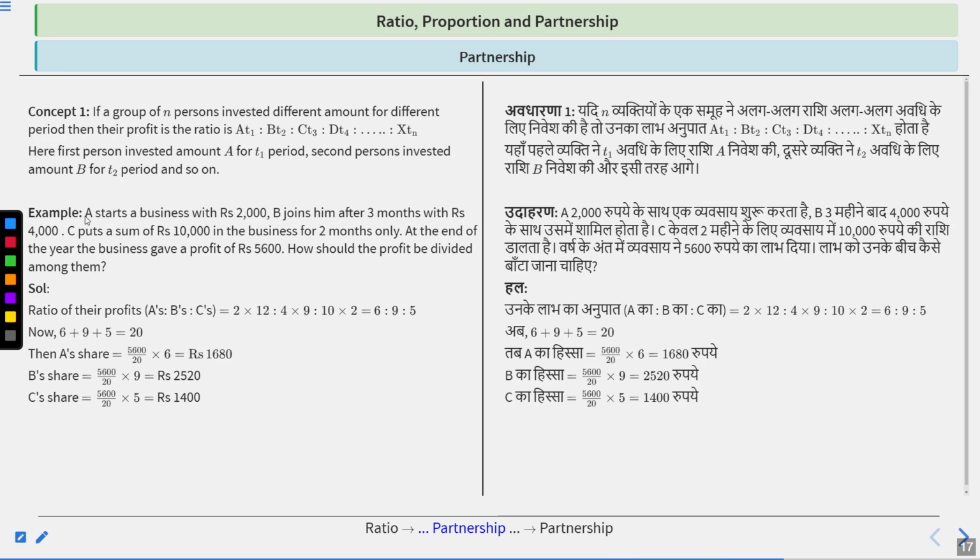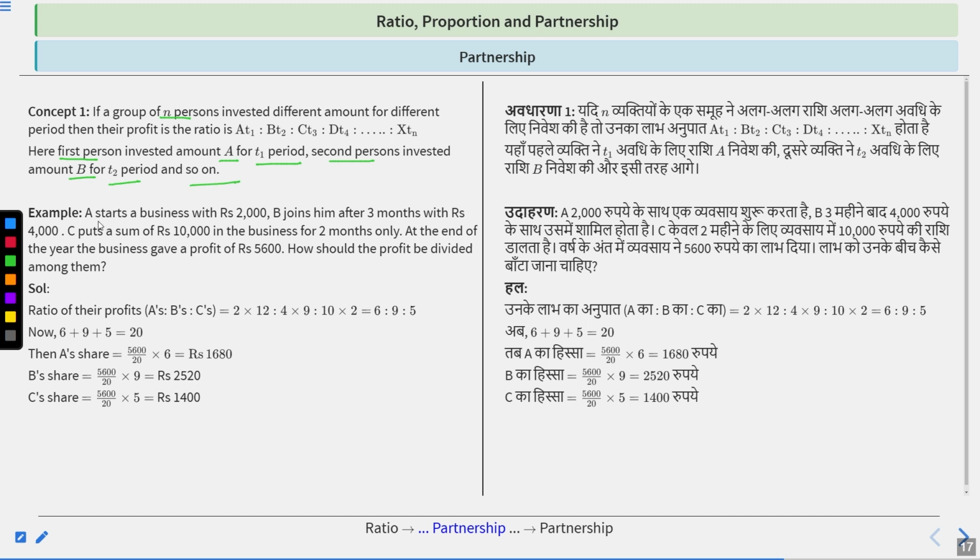Next one, concept. If a group of n persons invested different amounts for different periods, then their profit is in the ratio A T1 ratio B T2 ratio C T3 ratio D T4 and so on up to X Tn. Here the first person invested amount A for T1 period, the second person invested amount B for T2 period, and so on.